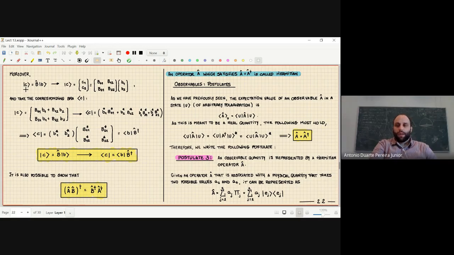So if I give you a cat C, which is B times B, then the bra C will be the bra B times the B dagger, okay? That's very important. When you take the dual of a vector, namely when you take the bra of a vector, you have to take the dagger of the matrix, okay?